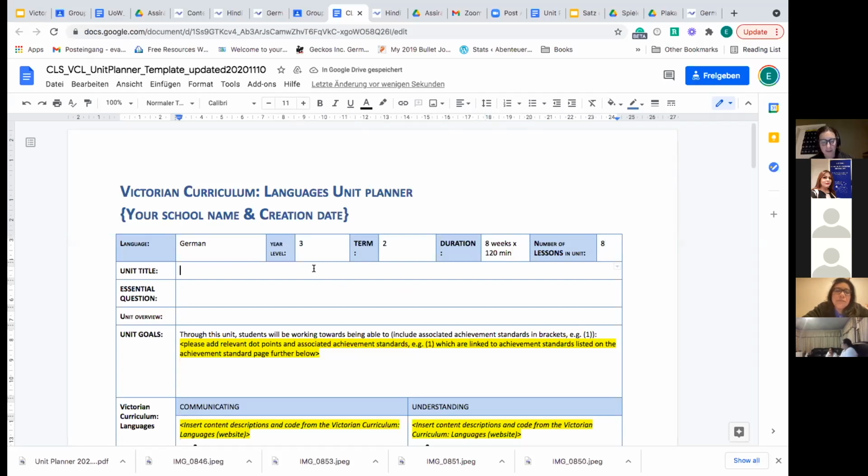And with this term, for term 2, we have the topic history. So we want to look at history as a topic, and we choose life now and then. So we look at life a long time ago and how is life now. That's our topic we want to choose.